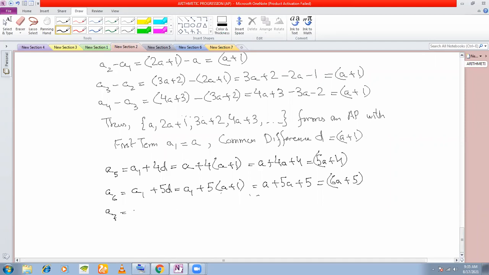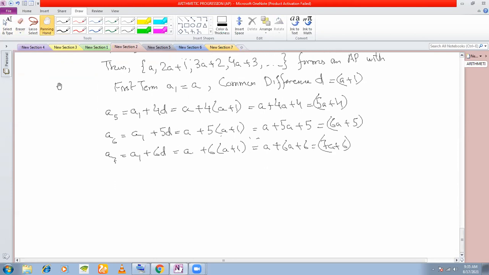A7 is A1 plus 6D, A plus 6 times A plus 1. This is A, not A1. So A plus 6A plus 6, which is equal to 7A plus 6.